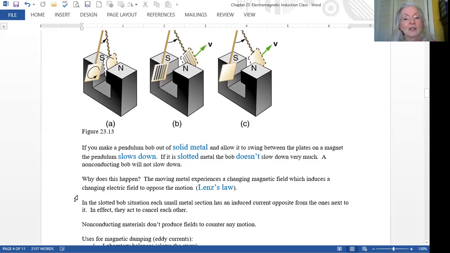In the slotted one, the middle diagram, each little metal section has an induced current, but it's opposite from the one next to it, and so they cancel each other out, and it's as if it's a non-conductor. And the very last one, the non-conductor, doesn't feel the impact of that changing magnetic field, and there is no induced current in it because it's a non-conductor.